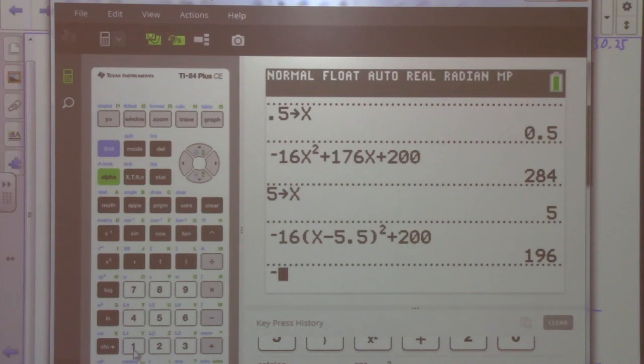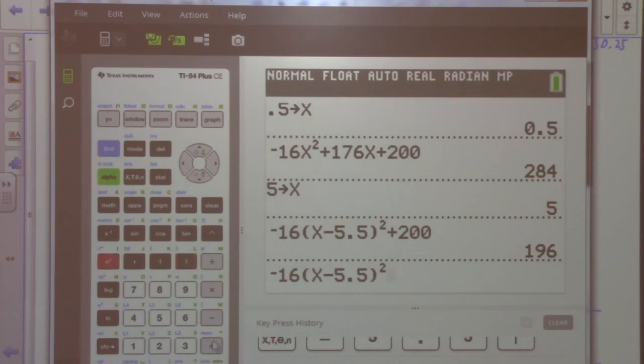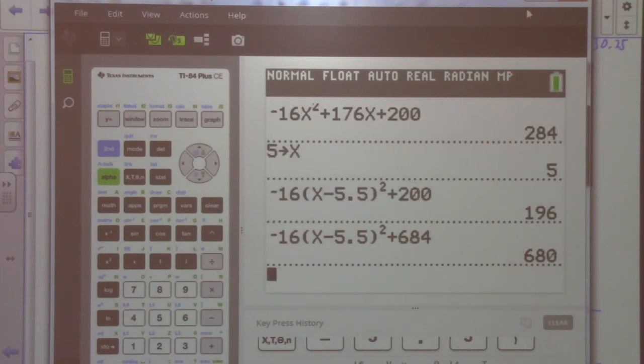Negative 16 times x minus 5.5 squared plus 684. So we get 680.